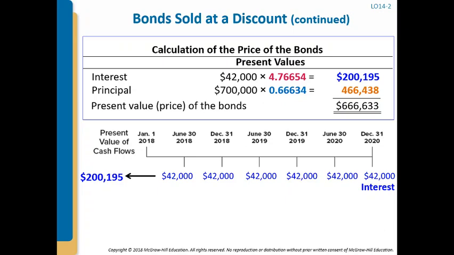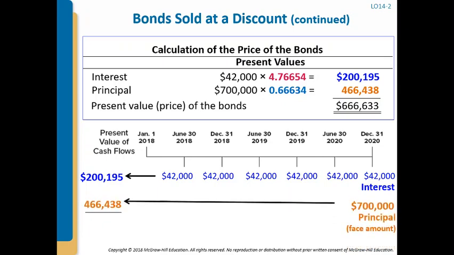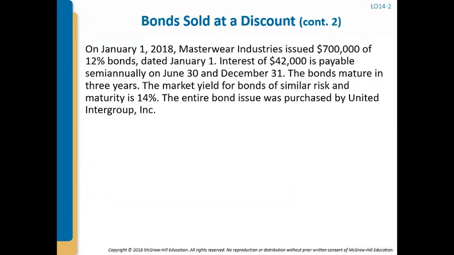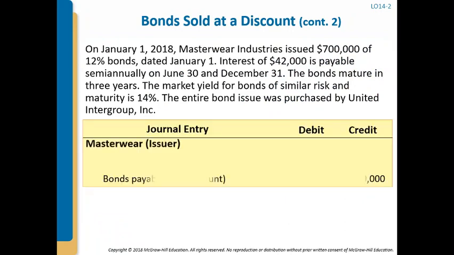Now what's going to happen is you're going to have to amortize that discount on bonds payable over the life of the bond, so that the amortized amount at the end of that period is going to be the same as the face value of the bond.